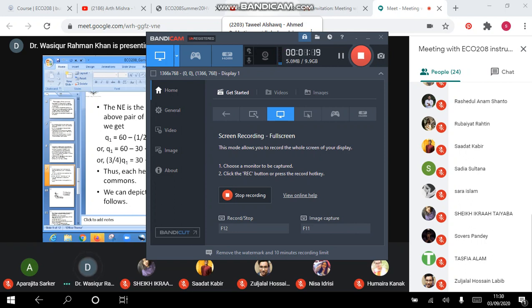Can you see this? And then I simplified, so Q1 is equal to 60 minus 30 plus Q1 by 4. So now I can solve this equation for Q1, or 3 by 4 Q1, যখন Q1 by 4, I take it to the left-hand side, I have Q1 minus Q1 by 4, which is 3 by 4 Q1. That is equal to 60 minus 30, which is equal to 30.